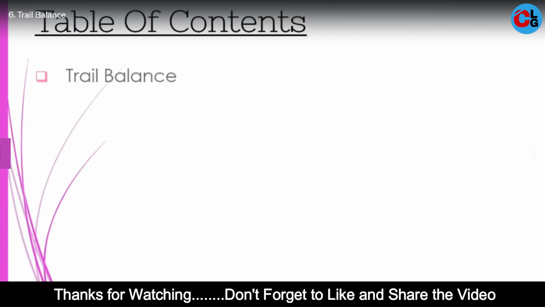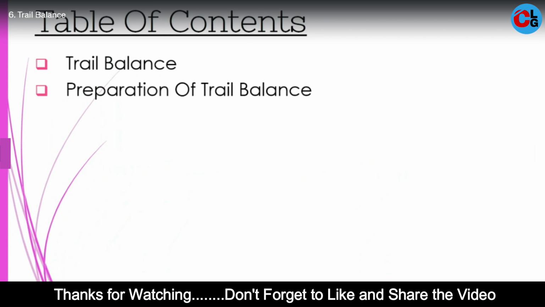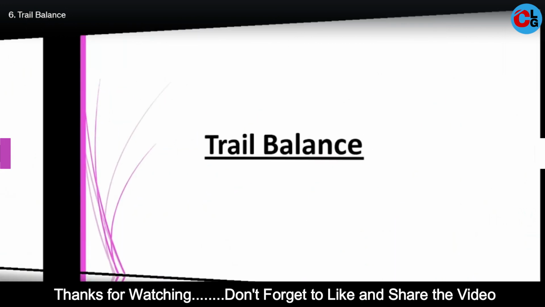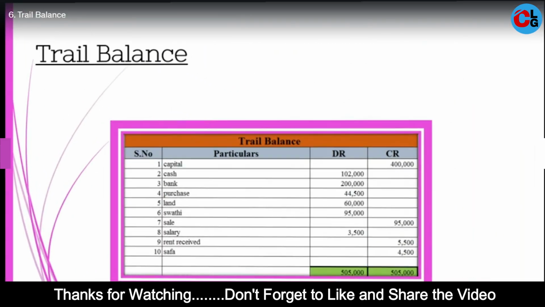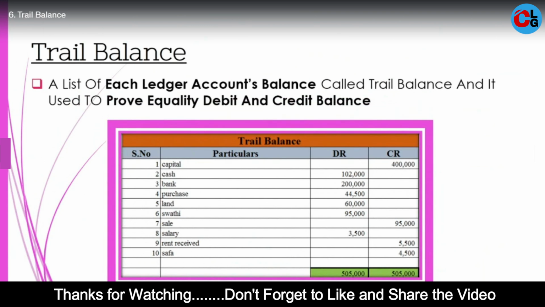Under this section we are going to look at what a trial balance is and how to prepare the trial balance. So the first part is what the trial balance is. The trial balance is a list of each ledger account's balance, and it is used to prove the equality of debit and credit balances.